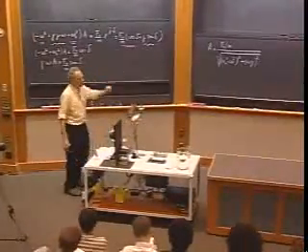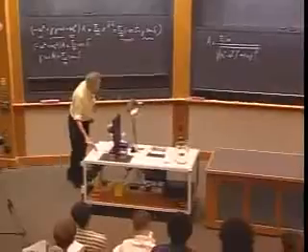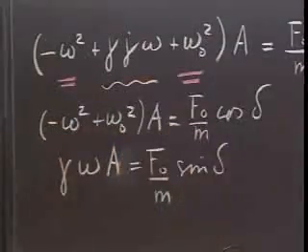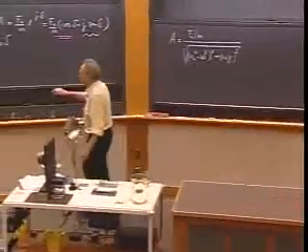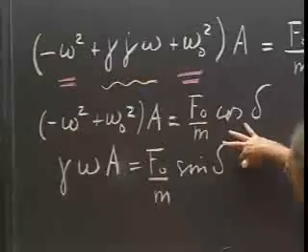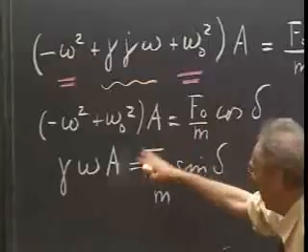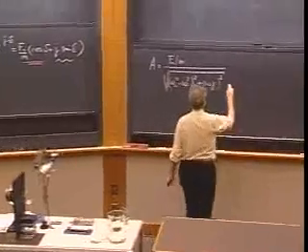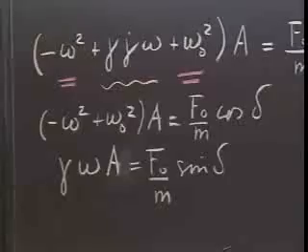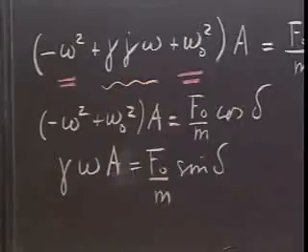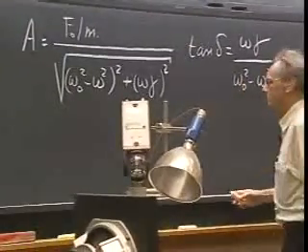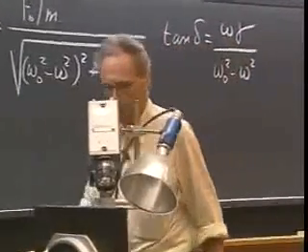We want to see through that equation what it actually means. And the tangent of delta is easy to find, because you divide this equation by that one. The A's disappear and F0 over m disappears, and so the tangent of that angle delta is omega gamma divided by omega 0 squared minus omega squared.